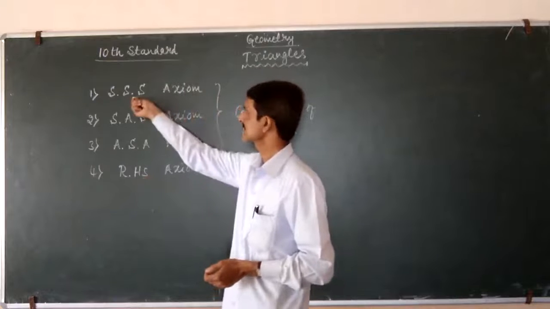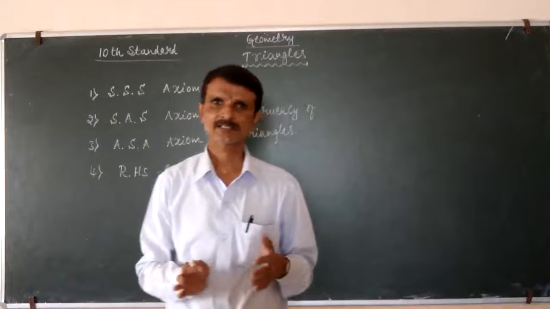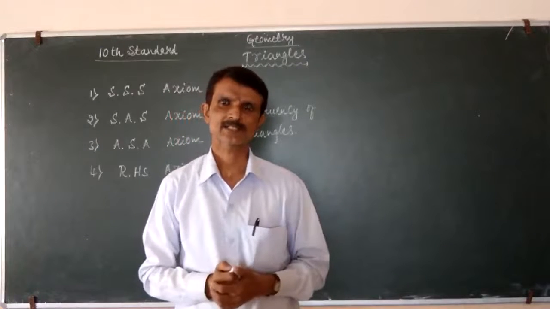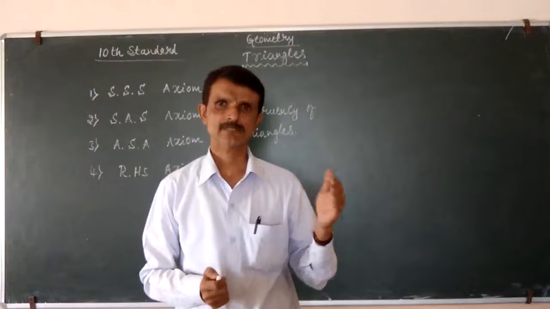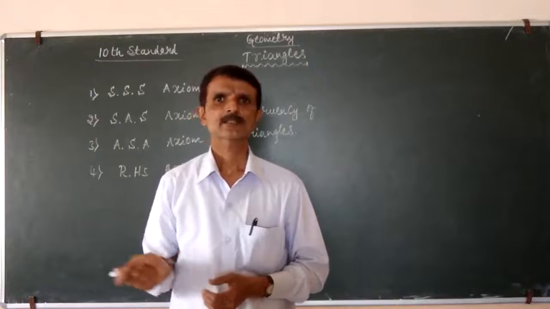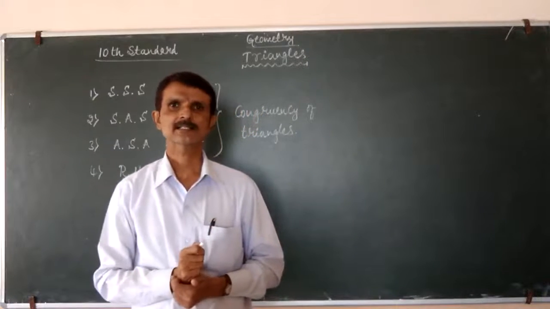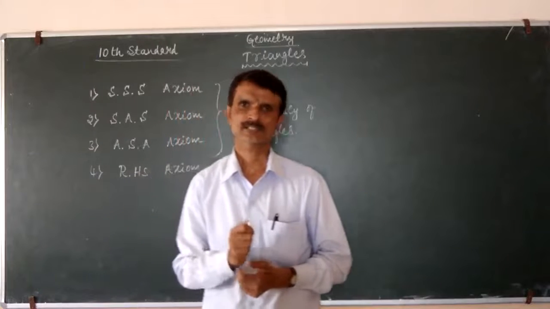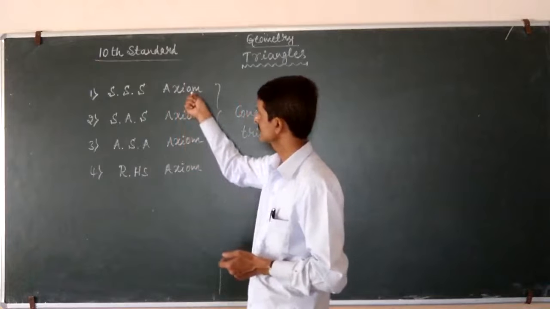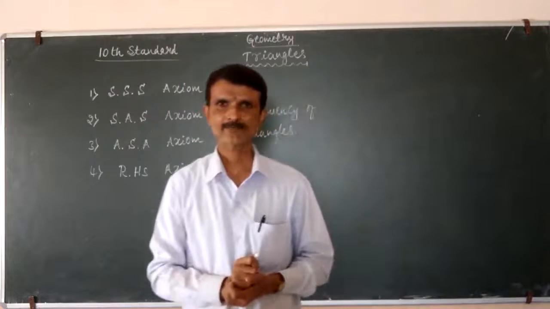So the first one is SSS axiom. It states that in two triangles, if three sides of one triangle are equal to the corresponding three sides of another triangle, then they are said to be congruent. Students, understand this SSS axiom.